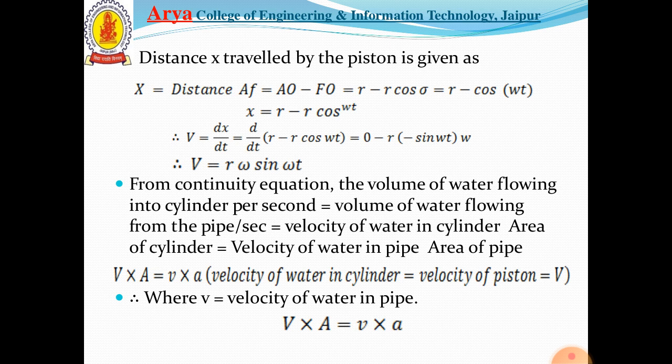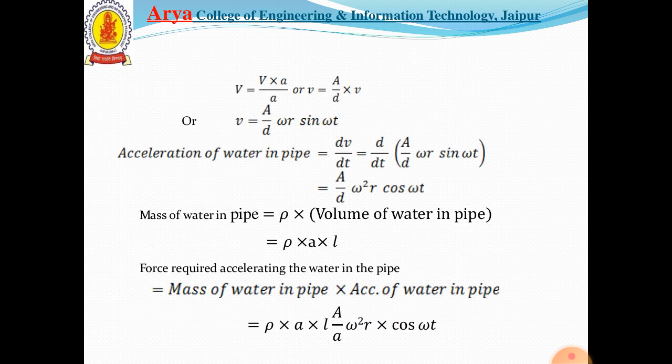So capital A into capital V equals small a into small v, where capital letters refer to the cylinder and small letters to the pipe. Now small v equals capital V upon small a into capital A, or we can say small v equals A upon a omega r into sin omega t.